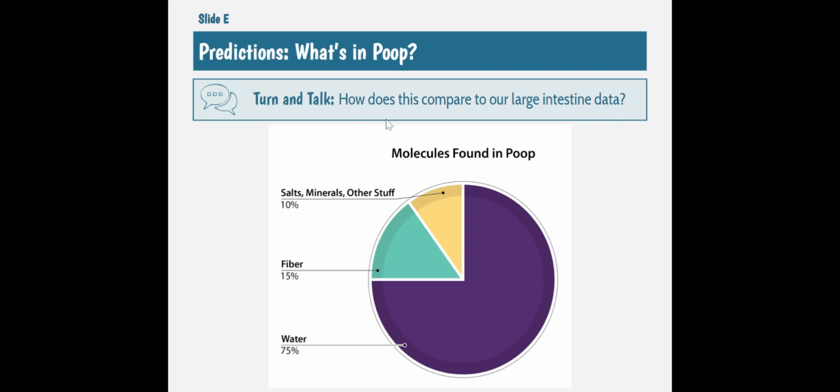So, take a moment and write that on your separate sheet of paper. So, what do you notice about poop versus large intestine data? What are the 2 primary molecules found in poop? And how does that compare to what's in the large intestine?